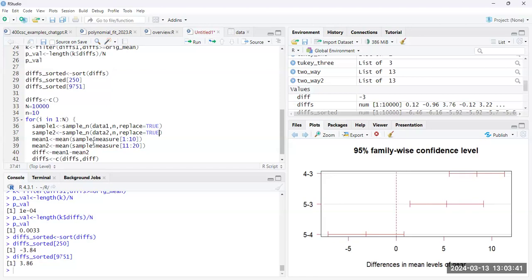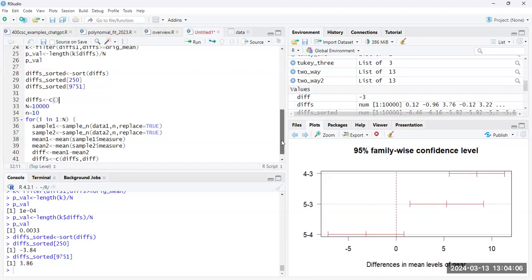Mean 1, the sample 1 measure, sample 2 measure. We don't need to specify the intervals because they're not all in the same sample. And then the differences of mean 1 minus mean 2, and then that part doesn't change.